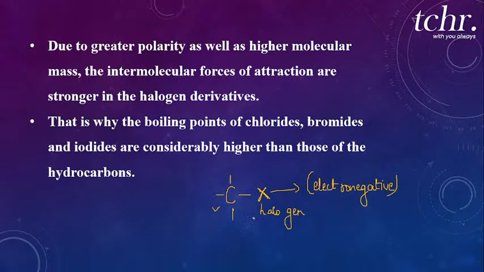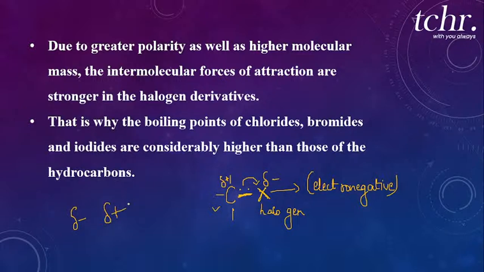I'm not talking about cleaving the bond. There will be a force of attraction here between carbon and halogen, right? So a bond is nothing but a pair of electrons, right? The electrons will be tilting more towards the halogen, therefore the halogen will have a partial negative charge and carbon will have a partial positive charge. So the partial negative and partial positive is denoted by this symbol.